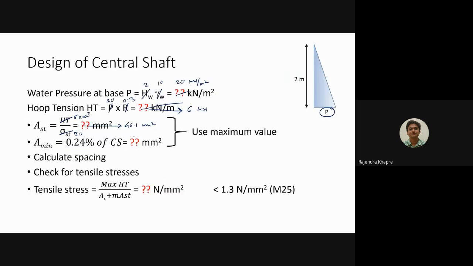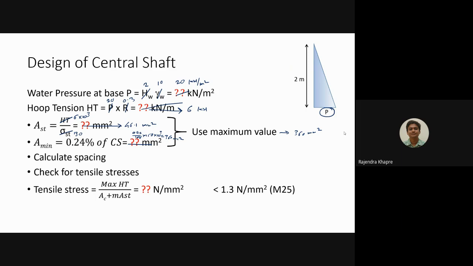So the value will be 0.24 divided by 100 into 150 into 1000. How much is this? I think 360. So the maximum value is 360 millimeter square. Correct?